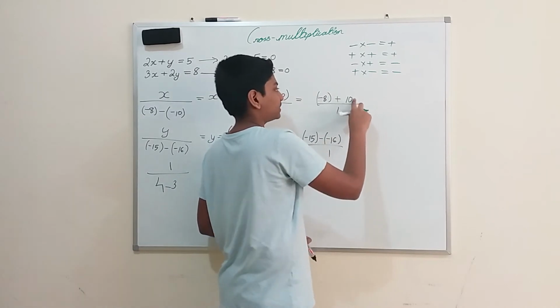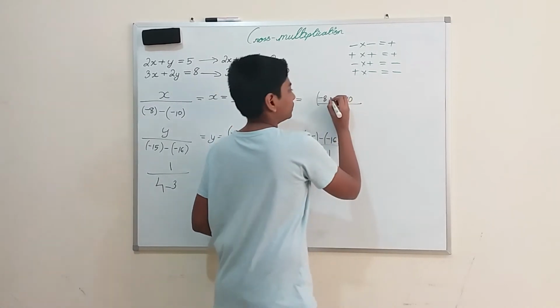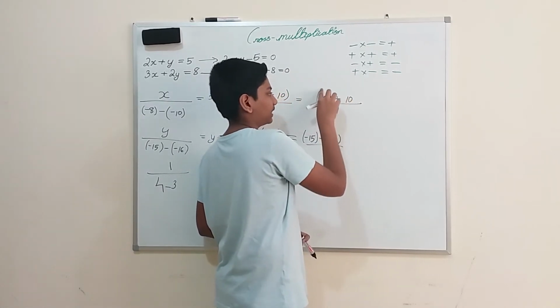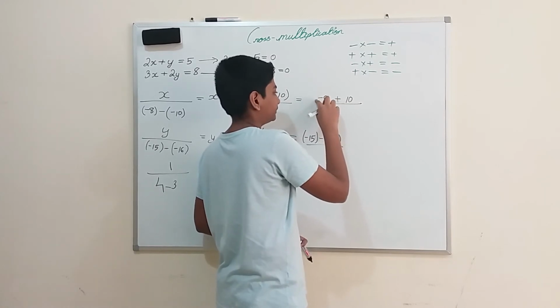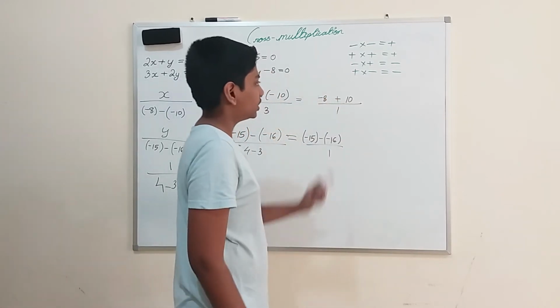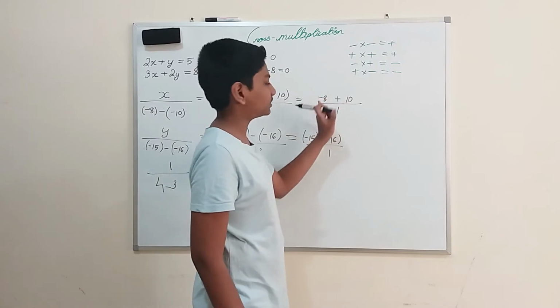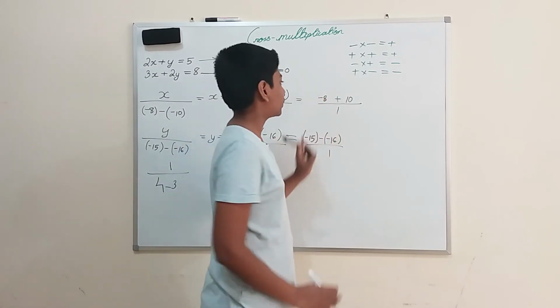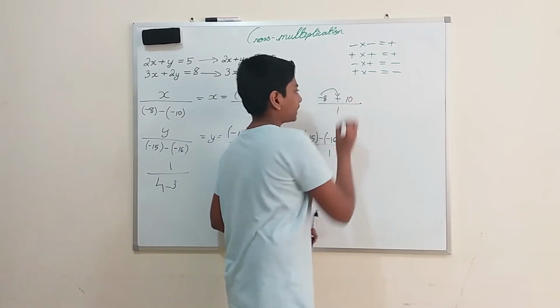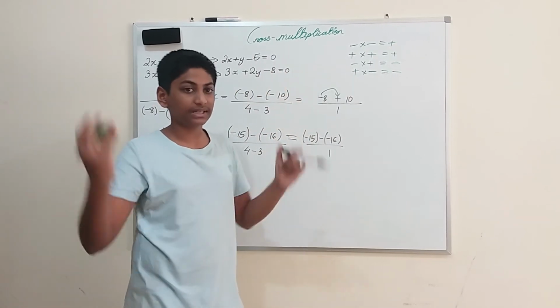When we open the bracket, over here nothing is getting multiplied, so this minus is still over here. We are going to multiply them in our mind.